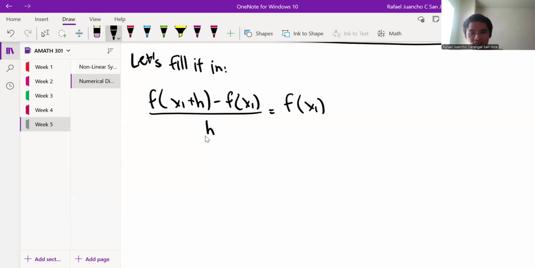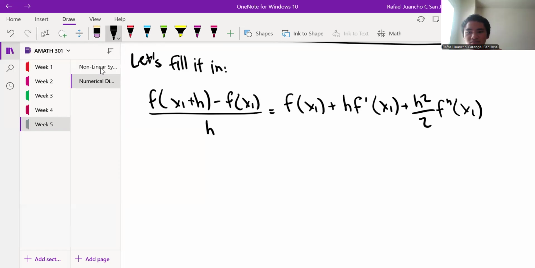So f of x1 plus h f prime, my bad, my bad. So this is f prime. Then that's h. So now we do squared over 2. This is f double prime of x1.